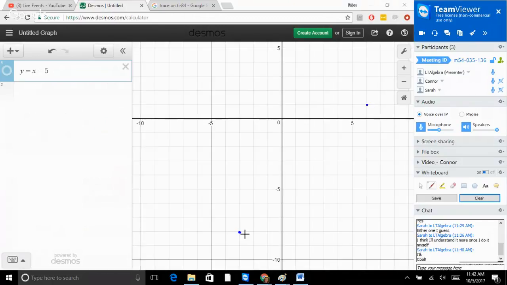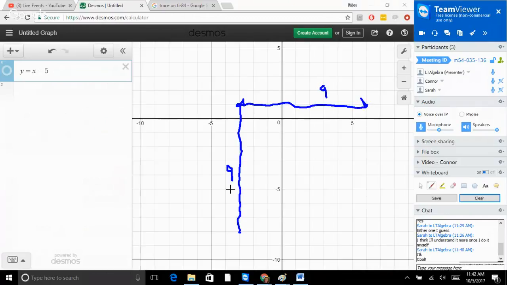All right, so the first thing that you could do is figure out your slope just by counting, right? So if I rise to go to my points, I rise 1, 2, 3, 4, 5, 6, 7, 8, 9, and I run 1, 2, 3, 4, 5, 6, 7, 8, 9. Just like when we figured out our slope, we got 9 over 9.